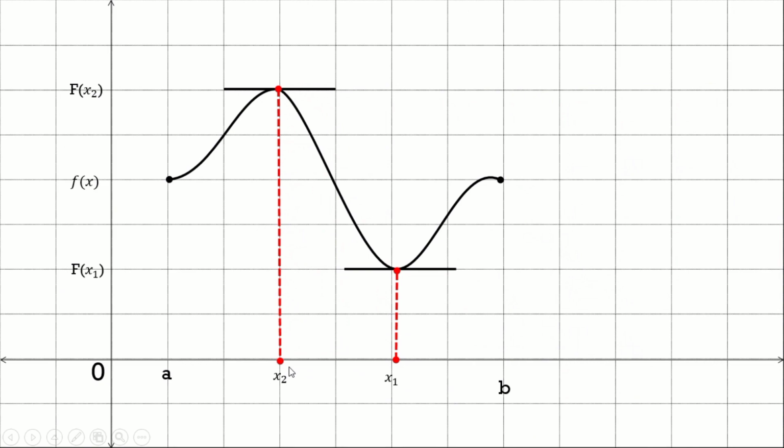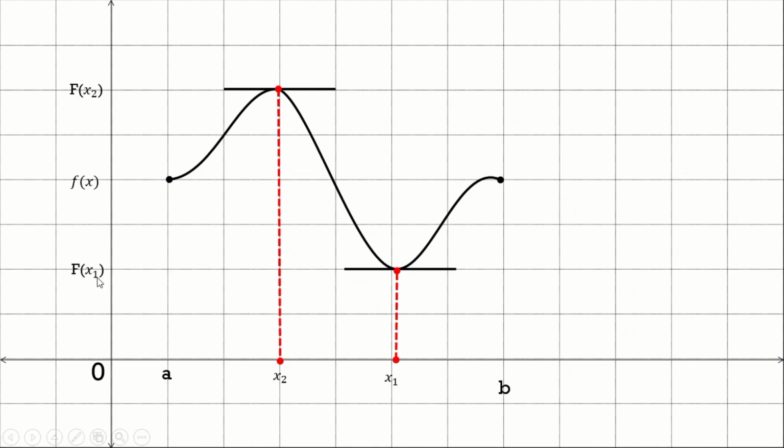This is how the graph goes, but initially you can't have x2 and x1 there. But for purposes of illustration, just go with the flow here. So we have f of x2, which is the highest point of f of x, which means that f of x2 is greater than f of x, right? And then we have our lower limit, which is f of x1.